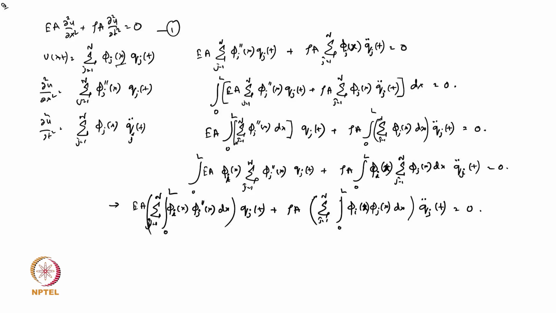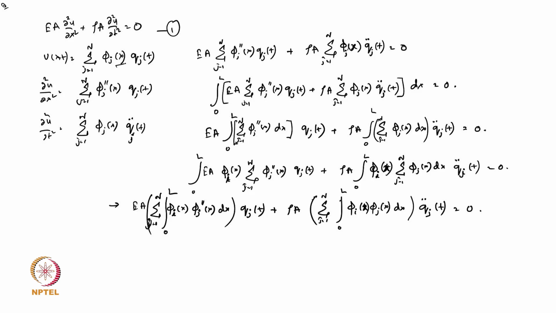If I think of phi i of x, phi j of x as the weights, then it is one type of weighted residual method. So this is the Galerkin type approach in the weighted residual, where we are pre-multiplying with the same function, or the same weights. By this way we can get it.